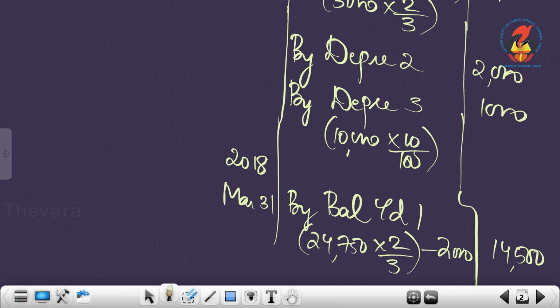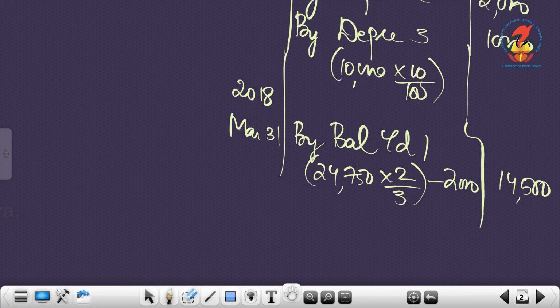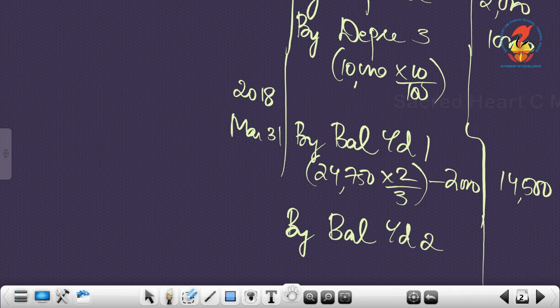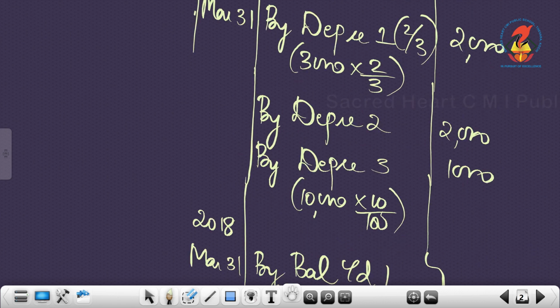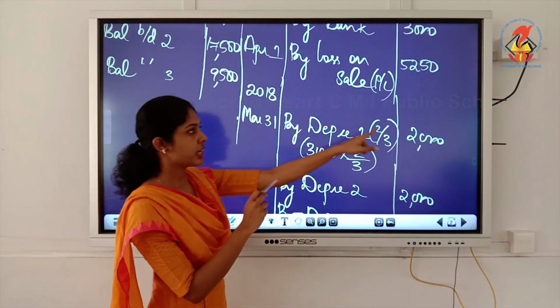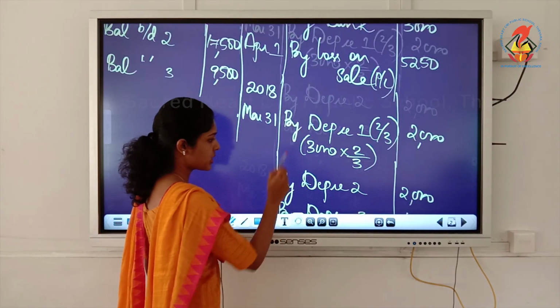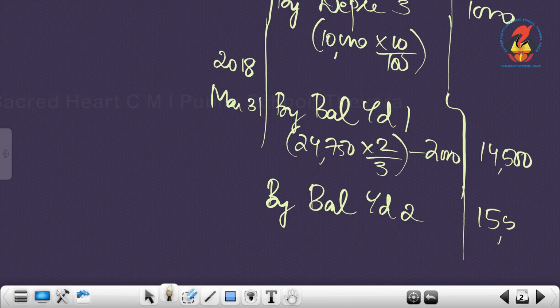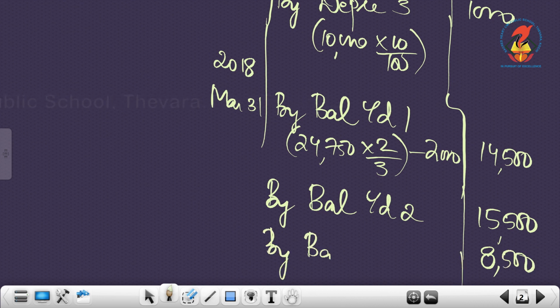Then the next figure, by balance carry down 2, how will you compute the figure? What's the balance brought down figure here? 17,500 minus 2000, so that is 15,500, and the third year it will be 9,500 minus 1,000, that is 8,500. So we got 3 balances.